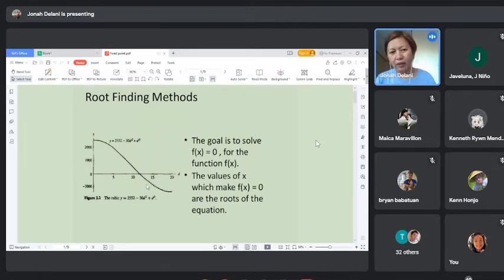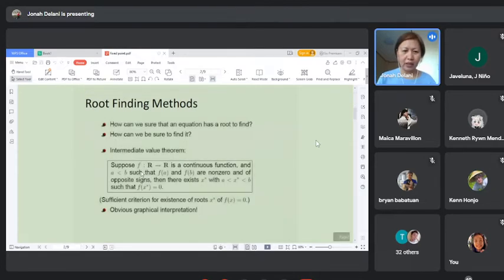If f of 5 and f of 15 are non-zero numbers, one positive and the other negative, then we can be sure that between 5 and 15, in this case, we will find the root. How can we be sure that there is a root to find?